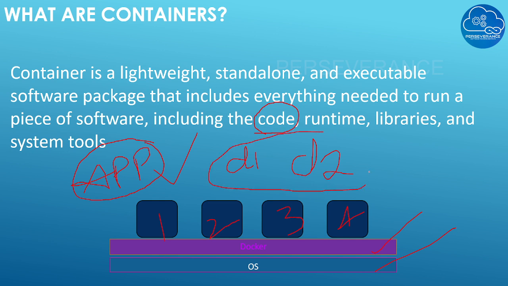These dependencies are definitely needed to run an app. So a container is nothing but an environment where your application will run with only your required dependencies encapsulated within it. There will be nothing else in the container. This makes your container very lightweight.